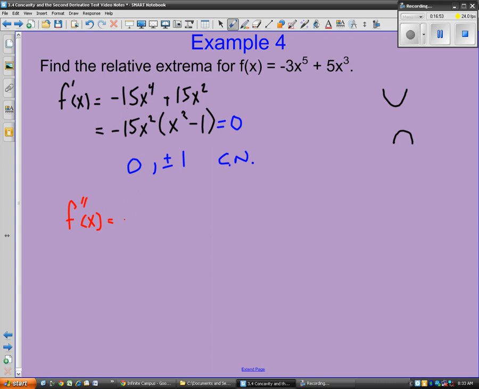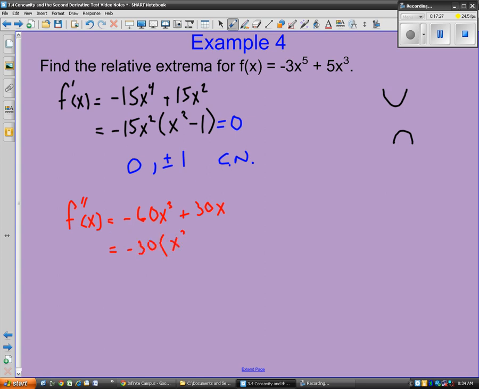And so there's my second derivative, and with a little simplification, I might make it a little easier on myself and take out a negative 30x and say 2x squared plus or minus 1. That might make my life a little bit easier. Actually, let's just leave the x in there. If I just factor out a negative 30, then I would have x cubed minus x. All right, so I get something like that, and that just makes my life a little bit better.